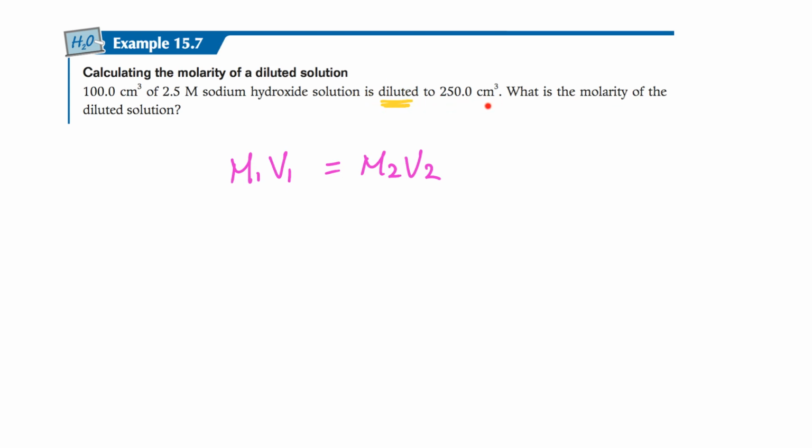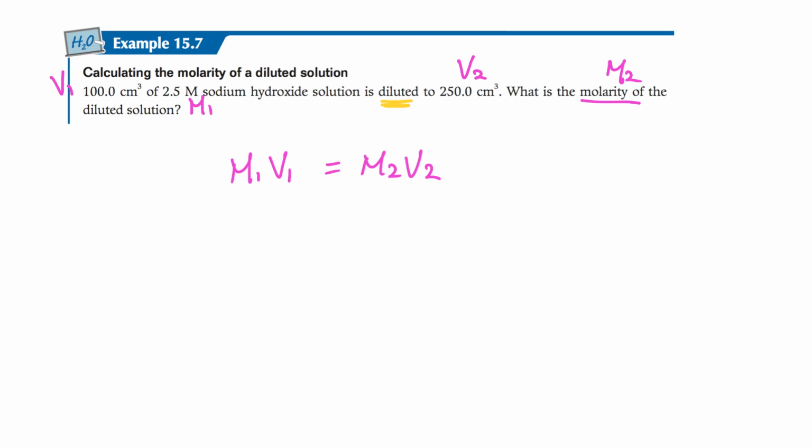You can see the question words, so we quickly use the equation M1V1 equals M2V2. You have to identify which value is before dilution and which is after dilution. Since 100 cm cube of 2.5 molar sodium hydroxide is diluted to 250, this one is after dilution and this one is before dilution. So I can identify this one as V1, this is M1, and this one will be V2. What you're looking for, the molarity, will be M2.